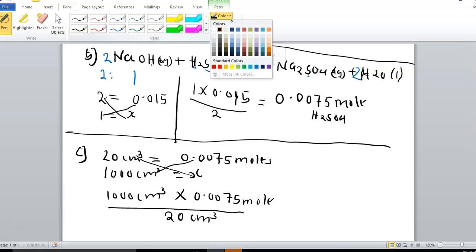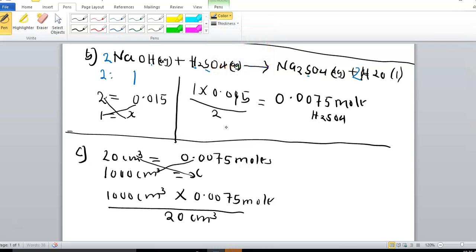Then we do cancellation. The centimeter cubic and centimeter cubic cancel each other, and this 0 and this 0 cancel. Then we have 100 times 0.0075 divided by 2. We say divided by 2 because we cancelled a 0 with this 0.